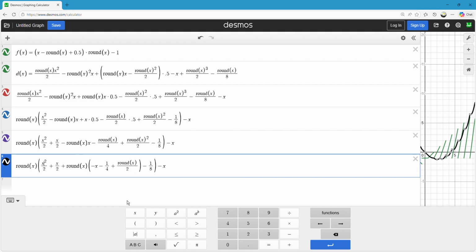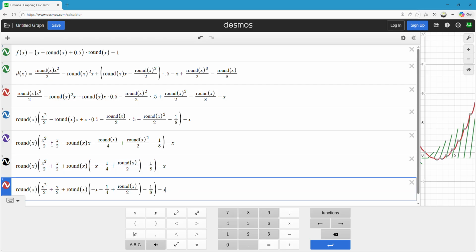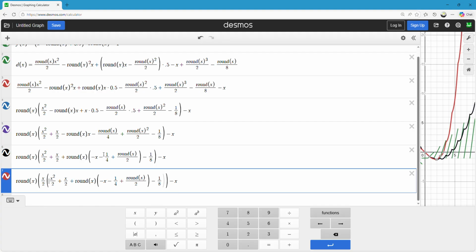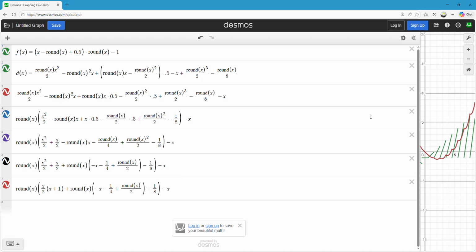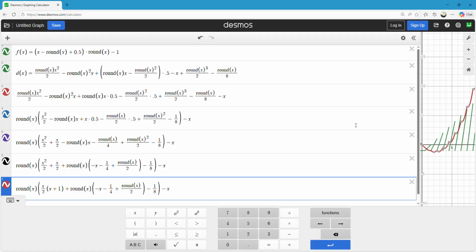And right here we can simplify it too, because these are both x over 2 of x plus 1. And I'd say that's a simplified answer.